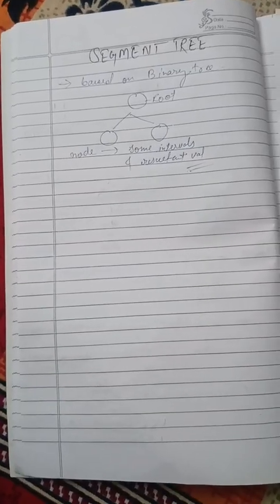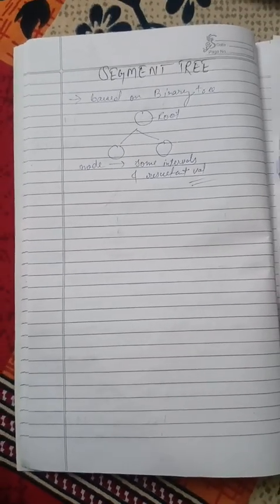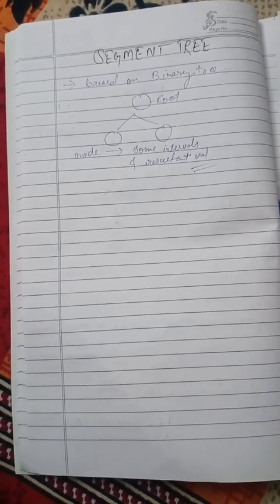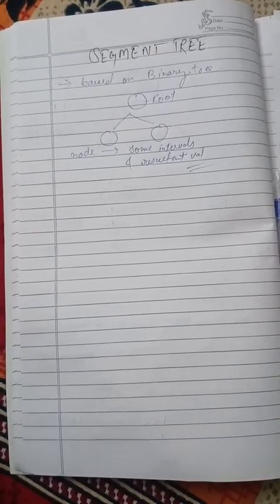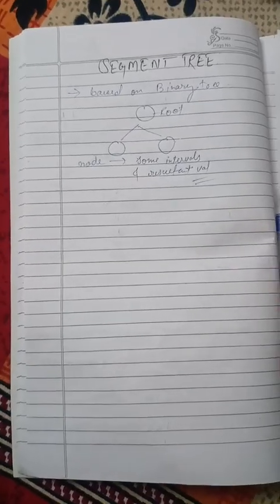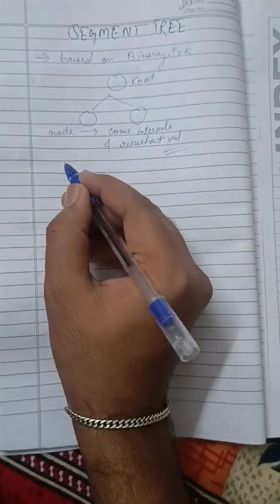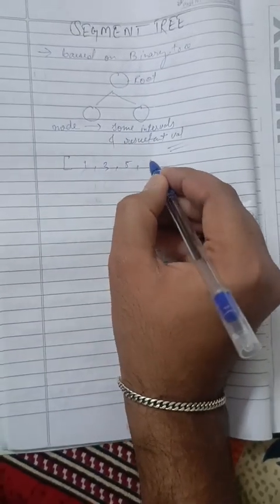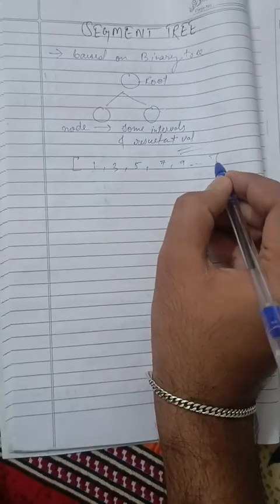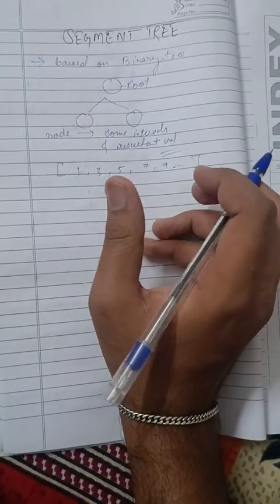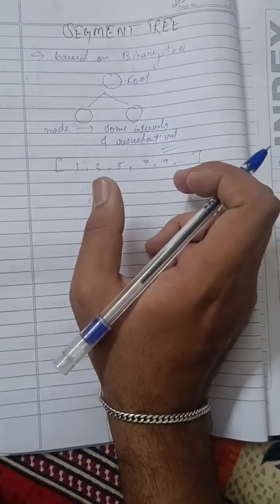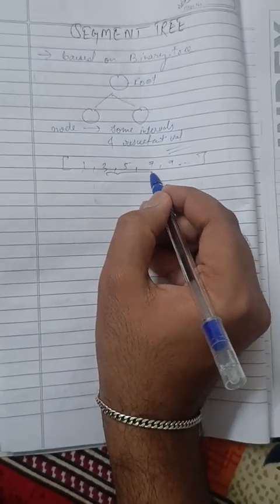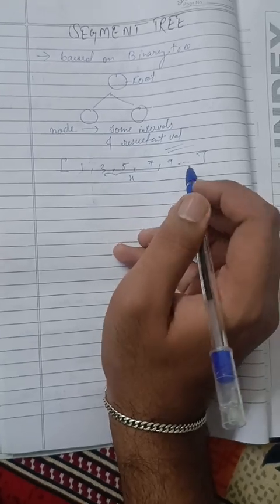And where to use it? The most important question is where to use the segment tree, right? Whenever there will be some query, for example, to find the range type problem. Like if there is an array of numbers 1 3 5 7 9, and so on, and we have to find the summation, or let's say multiplication or product of the numbers in x range or y range.